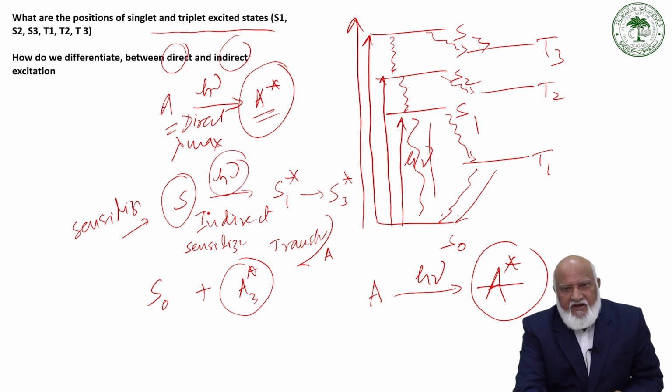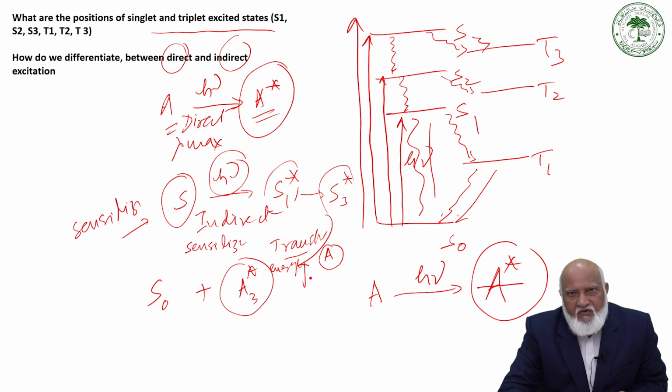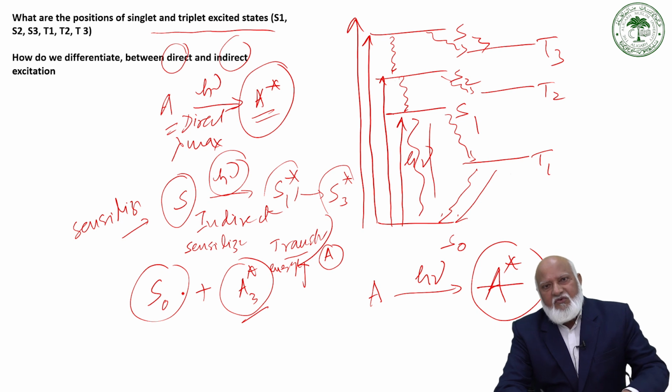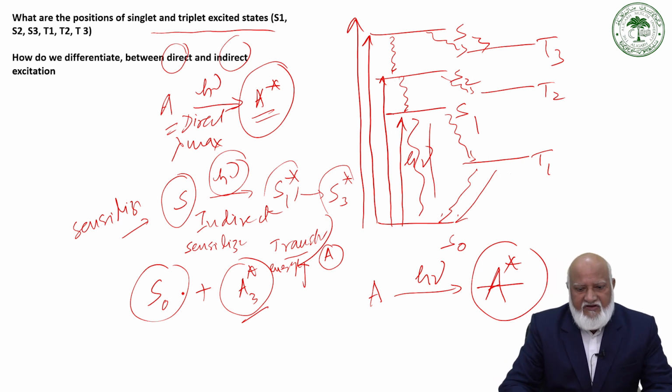The sensitizer absorbs light, goes to an excited singlet state, and then it can go to an excited triplet state via intersystem crossing, and then it can transfer energy to molecule A, whose photochemistry we would like to study. Molecule A goes to an excited triplet state, and then the sensitizer comes back to the ground state. So this way of excitation is called indirect excitation.